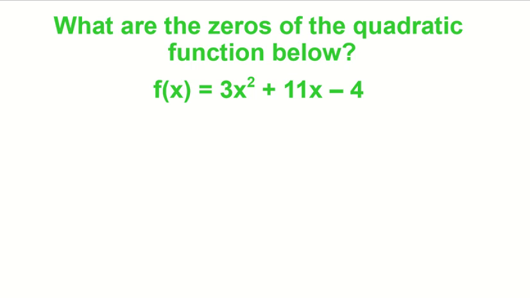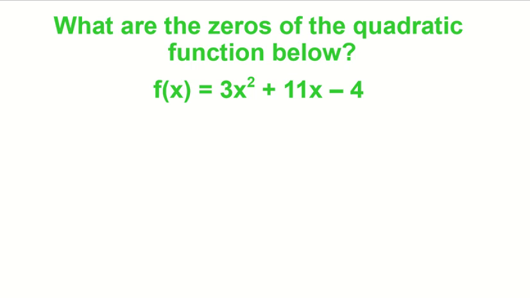Typically on the EOC, you got at least one of those. -4 and a +1/3 is correct.